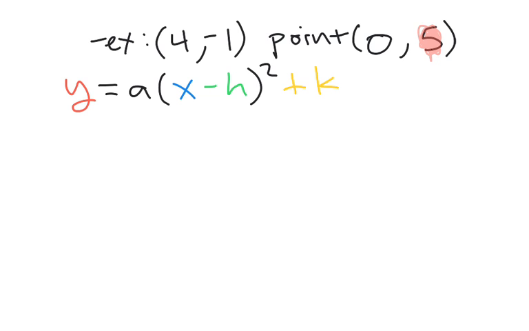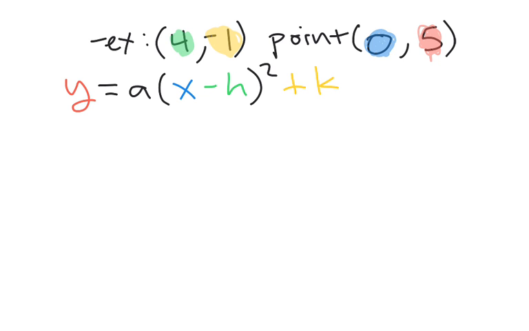My x, which is blue, is going to be this 0 here. And h is going to be the x coordinate of the vertex, and k is going to be the y coordinate of the vertex specifically.